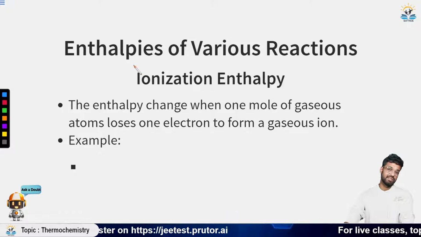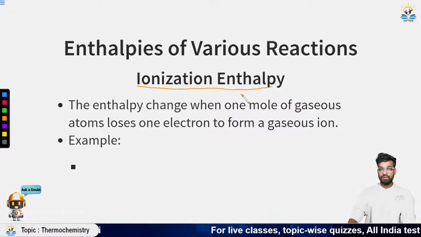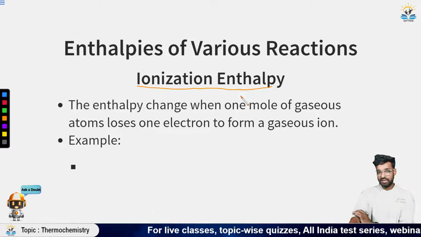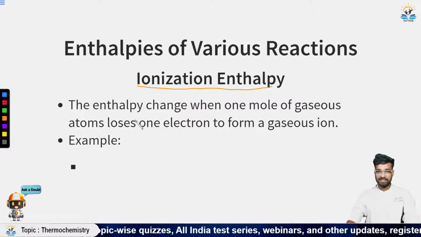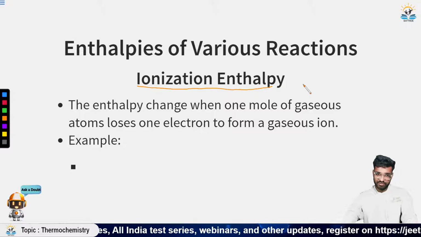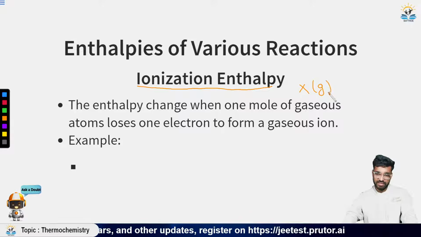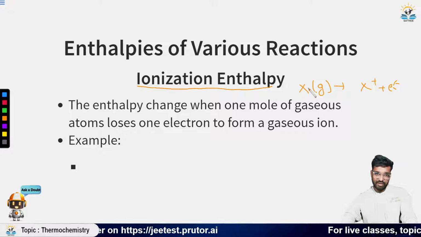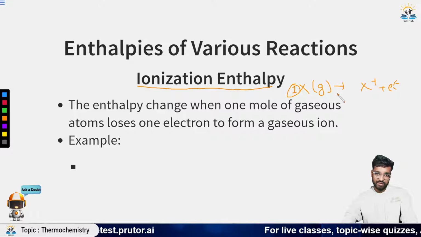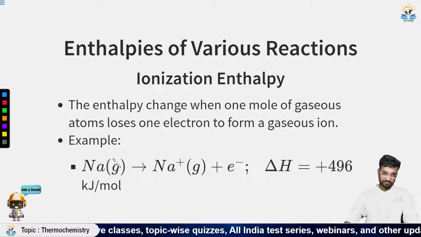Now we have the ionization enthalpy. So what is ionization enthalpy? We will come to know about ionization in a later chapter, when we study periodicity. What the ionization reaction is: we take an electron from an element that is already in the gas state, and we take 1 mole of that gaseous atom and convert it into a positive ion, the corresponding ion we get after removing one electron.